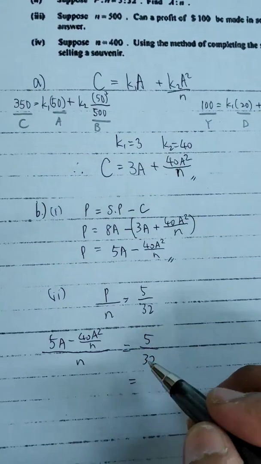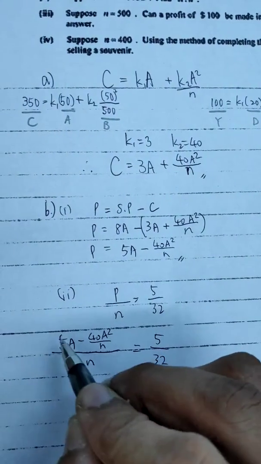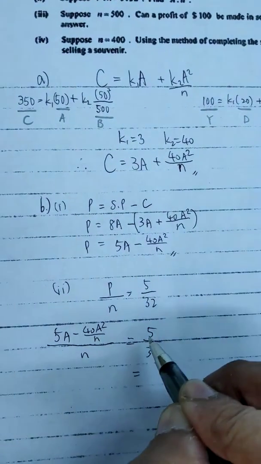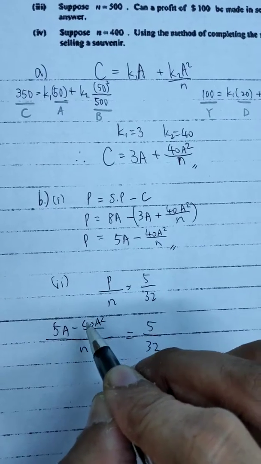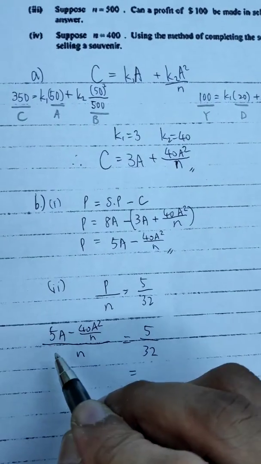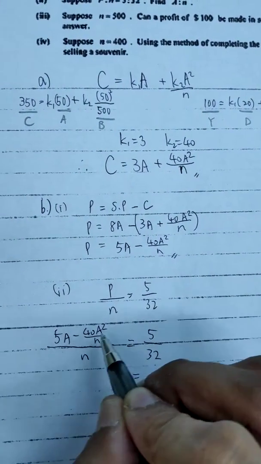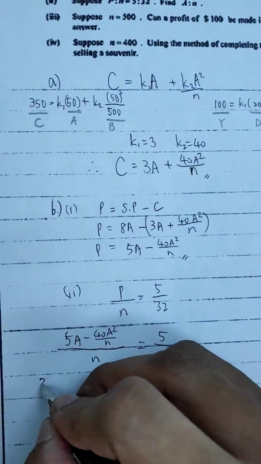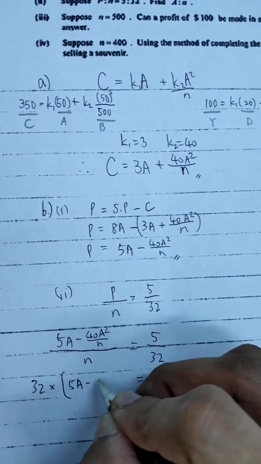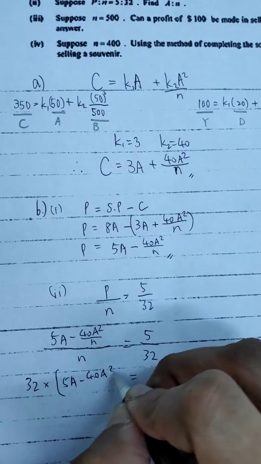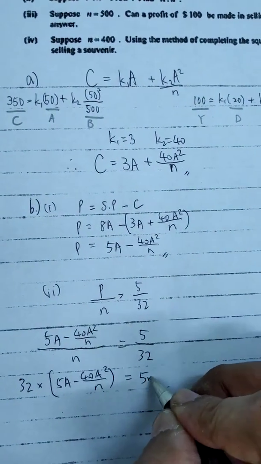In here you can do it two ways. First is recognize there's a 5 in all the three terms, which you can simplify. So this will be 1, this will be 8, because 5 times 8 is 40. And you take away this 5, so leaving an 8. But we just do the normal way, just times the 32 over to the top. So you got 32 times the 5A minus 40A squared over N is equal to 5 times the N over.